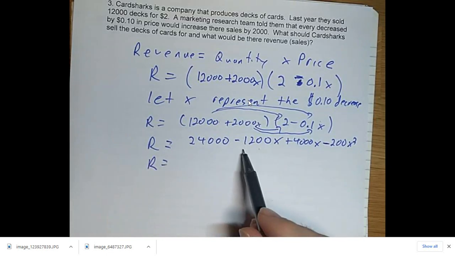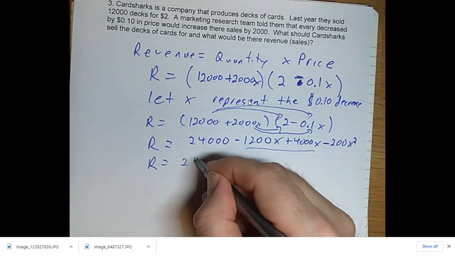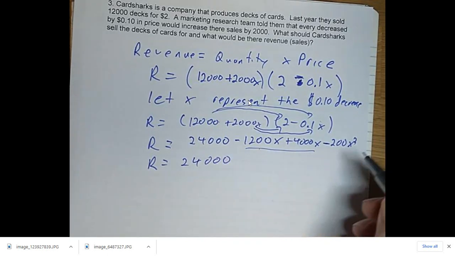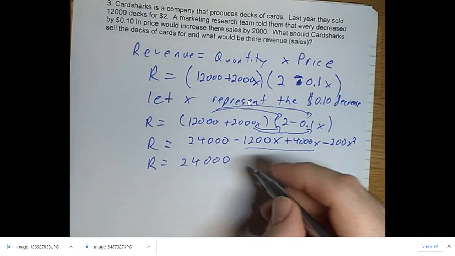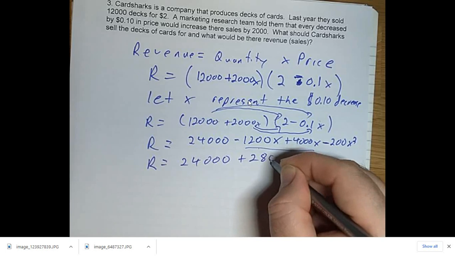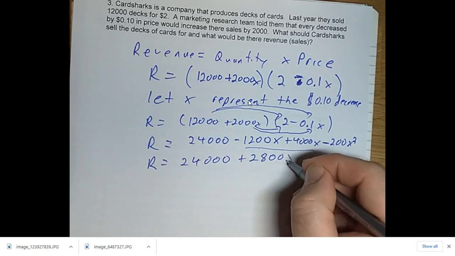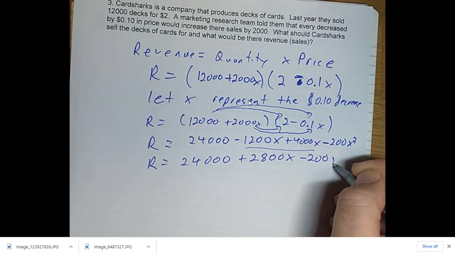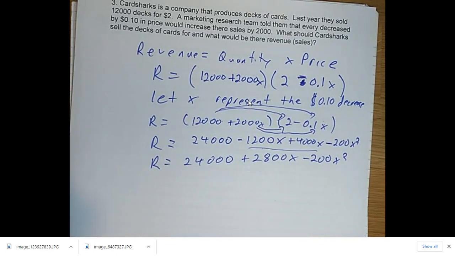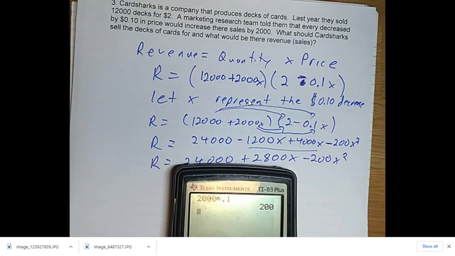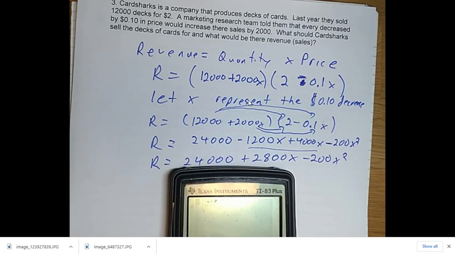We're going to add these two together first. Negative 1,200 plus 4,000, so I believe that's 2,800x, and minus 200x squared. We can double check that with the calculator. So you get negative 1,200 plus 4,000, 2,800.